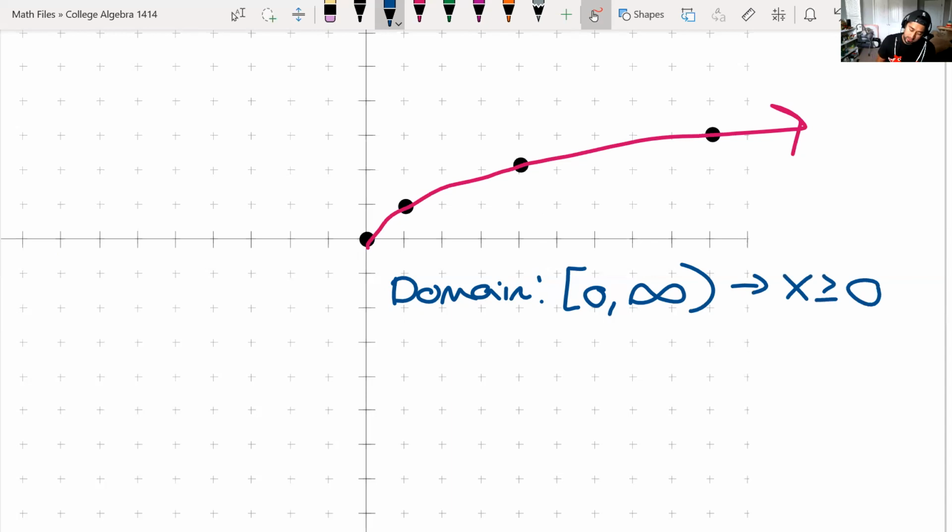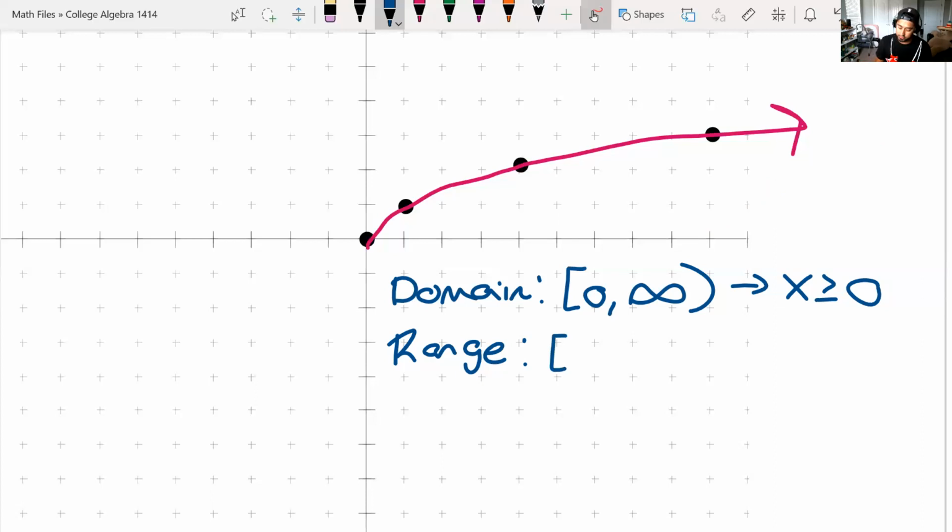Okay. And then if you go for the range, well, range deals with y values. So what y value do we start with? What is the smallest y value that we start with? And again, that happens to be at 0. And now we start at 0, and we see that this graph is starting to increase towards positive infinity.